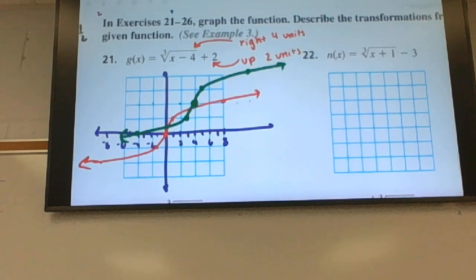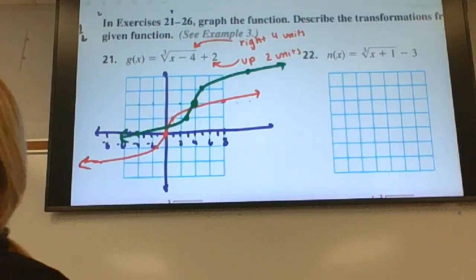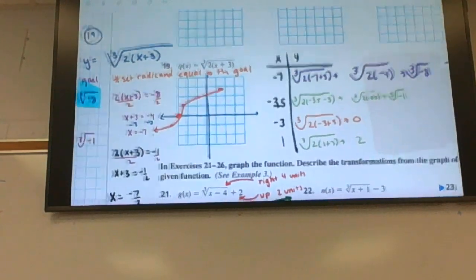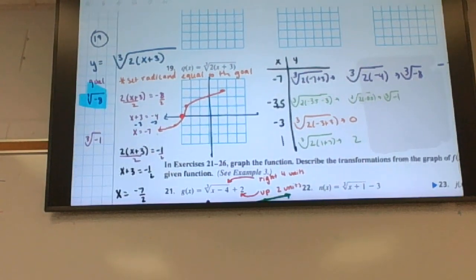So G 7. 14. Alright, and then here's 19, that really challenging one.